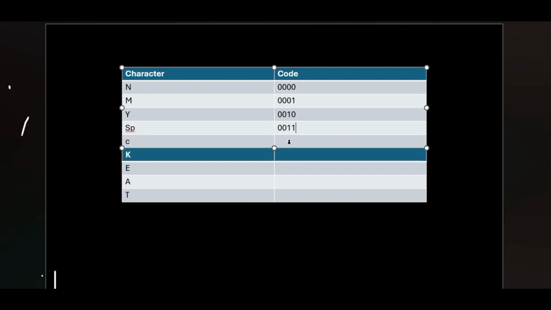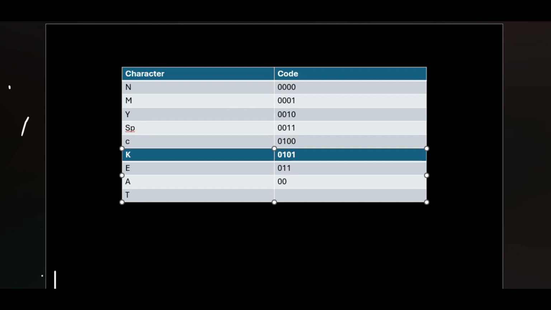So the C is 0 1 0 0 when you trace it from the tree. The K there is 0 1 0 1. That is the K. The E there, when you trace it, you're going to get 0 1 1. And then the A there, when you trace it, you're going to get 0 0.